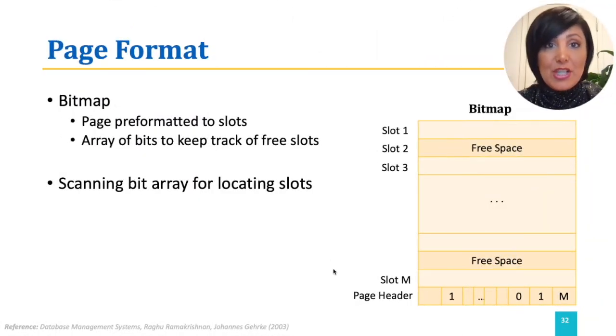For slotted pages with fixed length slots, we can also use a bitmap approach. In this method, we use an array of bits with length m. M is the possible number of slots in a page. Each bit in the bit array shows if the corresponding slot is used or free.